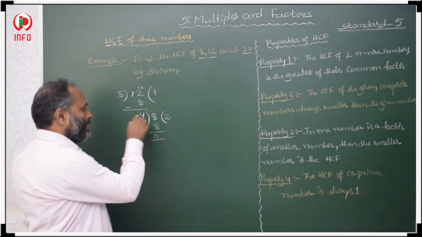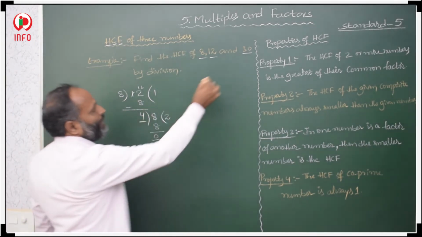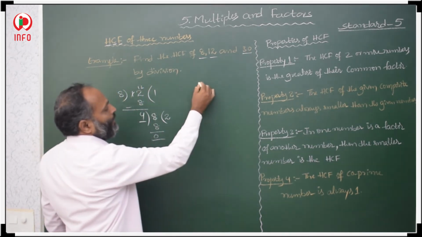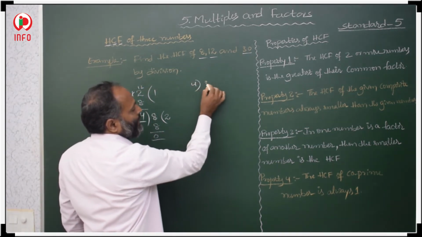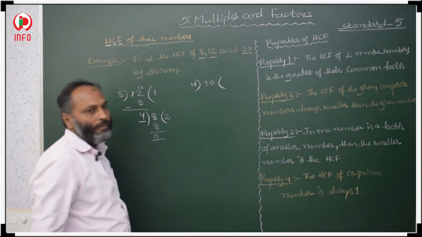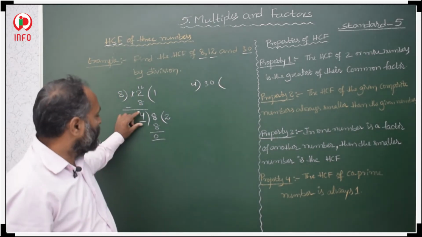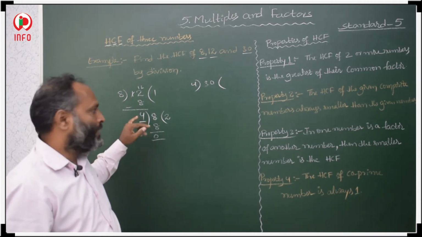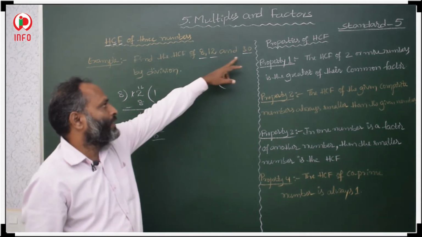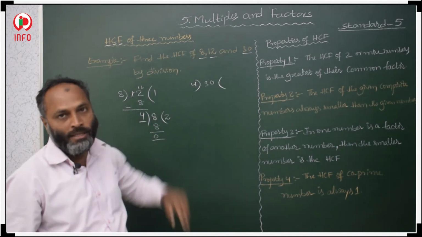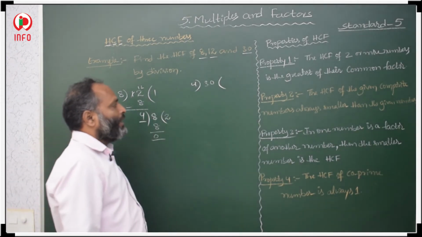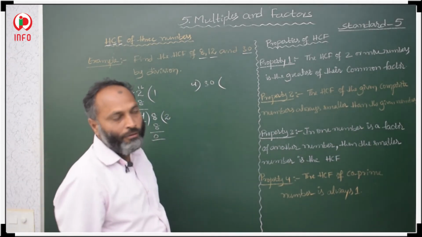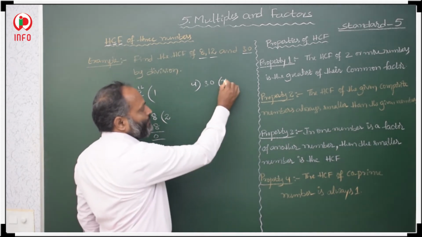Then with this 4, we have to divide the remaining number. 4 divides 30. 4 7s are 28.